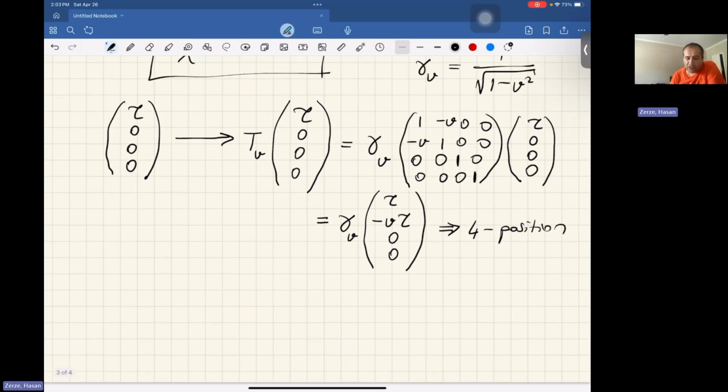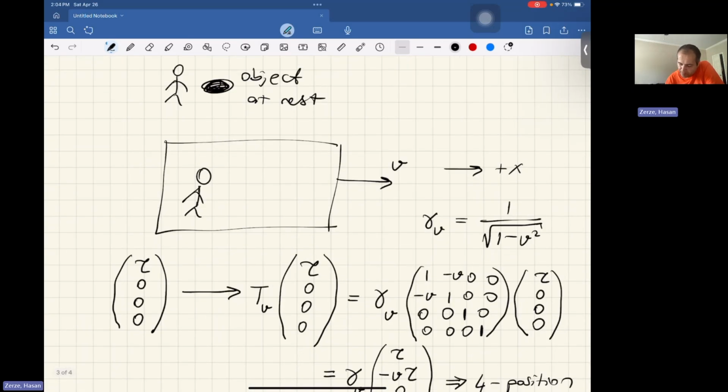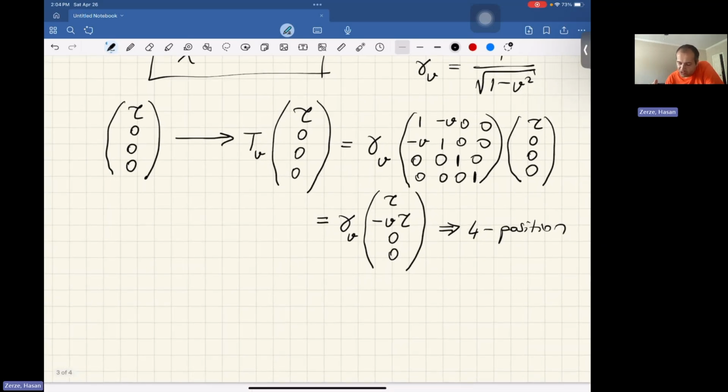In general, with respect to a reference frame that moves with a velocity v, the four-position is described as gamma v tau as the time component. As the x position component, it's negative v gamma v tau.